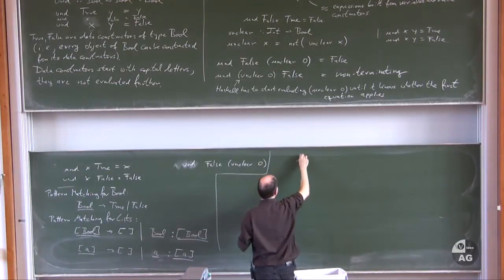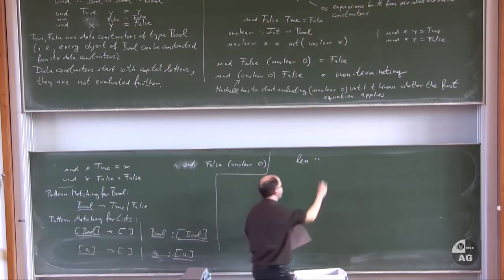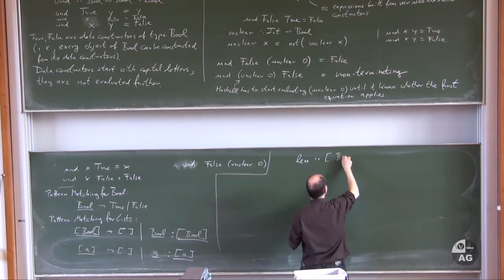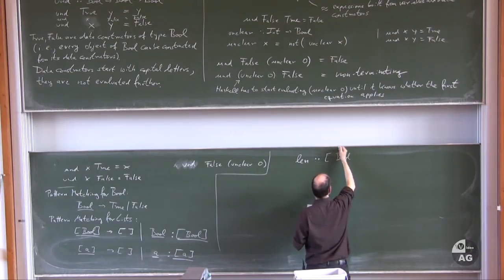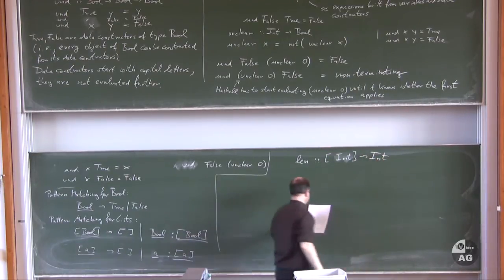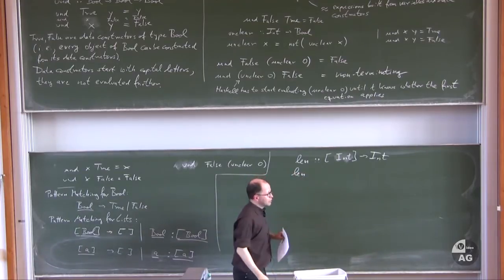And, well, we had one example already. Let's compute the length of a list. For example, a list of Booleans or a list of integers. Let's take a list of integers, and return an integer. So how would that work? We now do this case analysis.